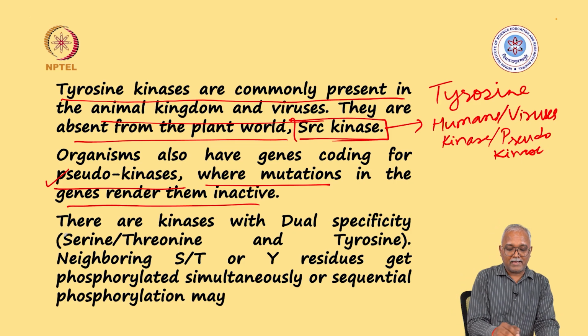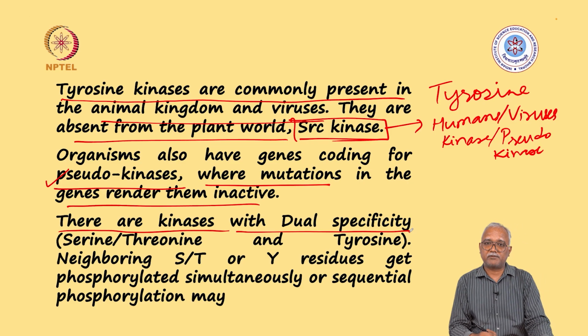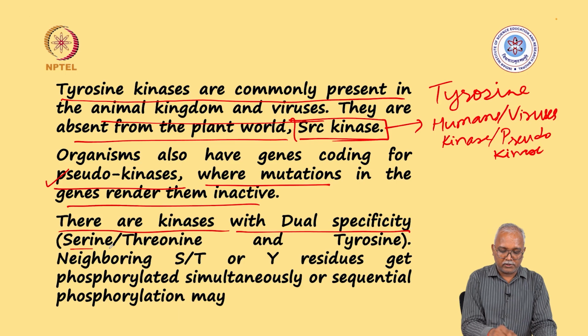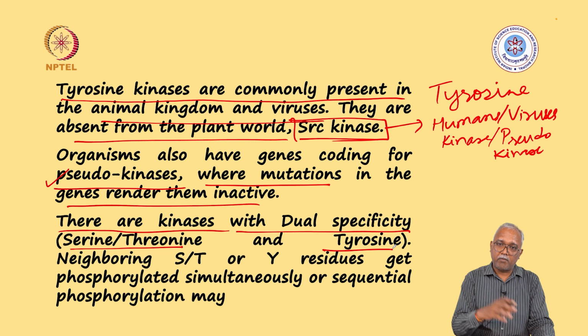Then there could be enzymes or kinases which show dual specificity. Dual specificity here says that they prefer or they do not distinguish between serine threonine and tyrosine. They end up phosphorylating both residues.